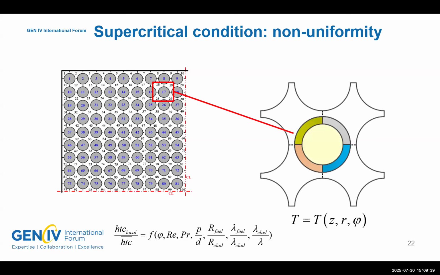Then we can get the temperature distributions around each fuel rod from the angle 0 to 360 degrees.